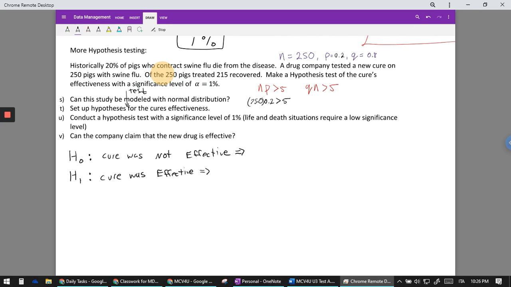It actually means that if the cure was not effective, then our data would support that 20% of the pigs survived. That's what that would mean.